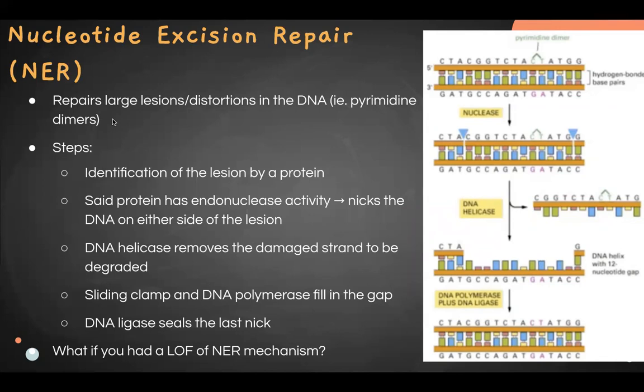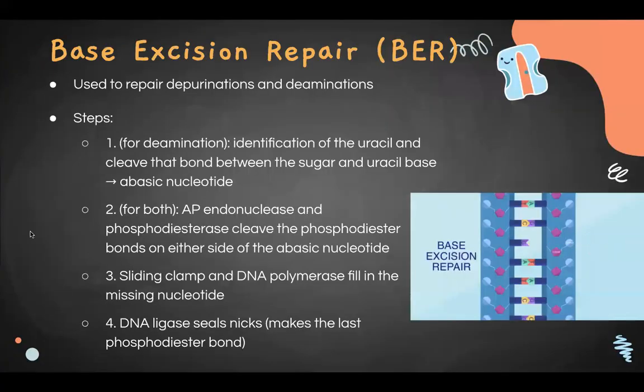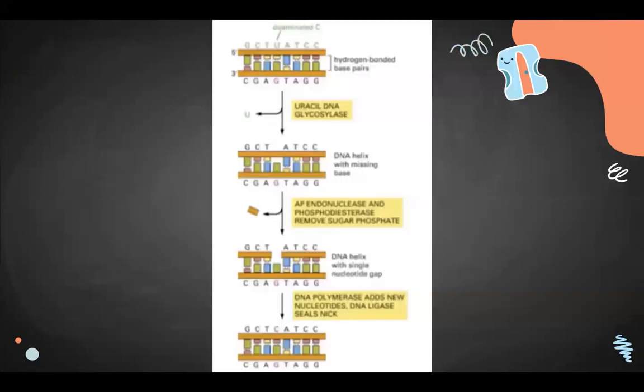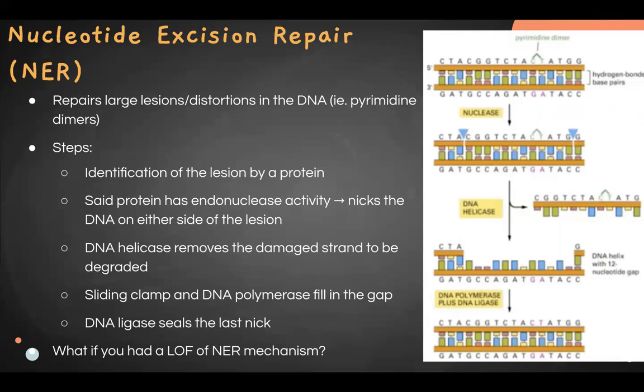It's basically the opposite of DNA ligase, which in every step is used to seal the nicks, to form the phosphodiester bonds in the backbone.